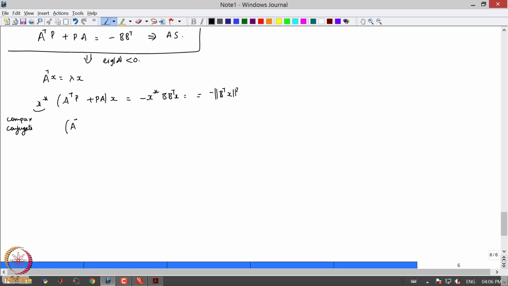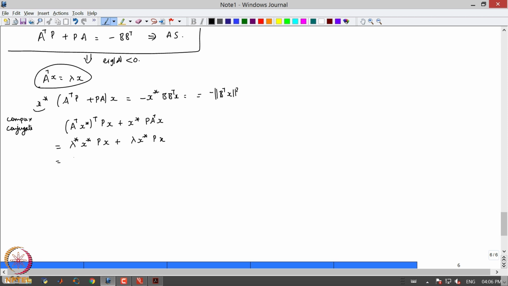The left hand side can be written as (A transpose x) star transpose P x plus x star P A x. Making use of this expression here, I have lambda star x star P x plus lambda x star P x.